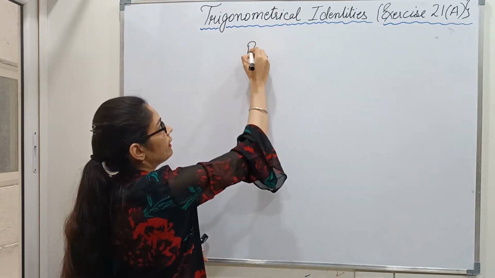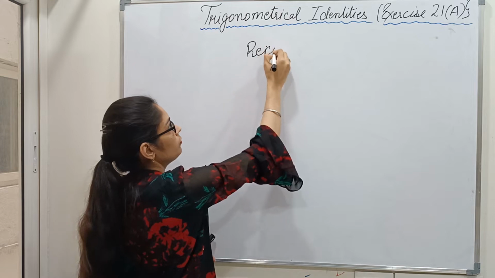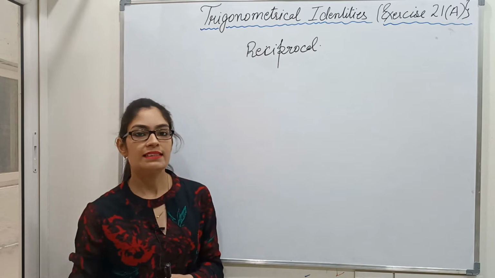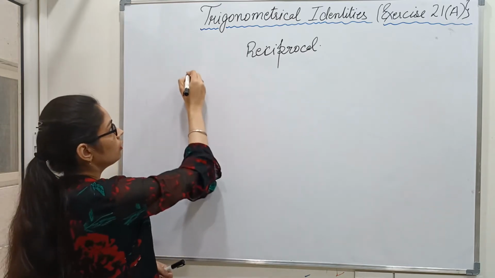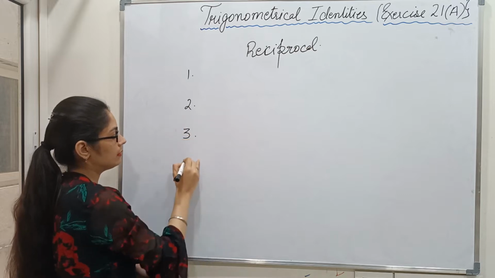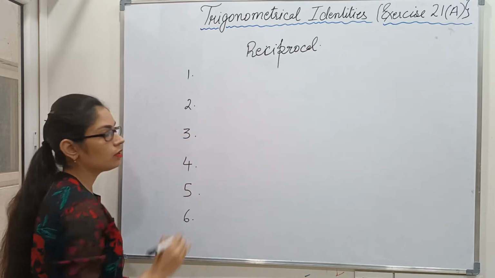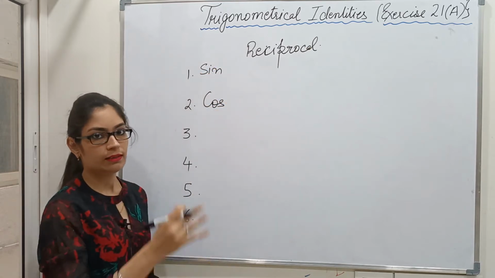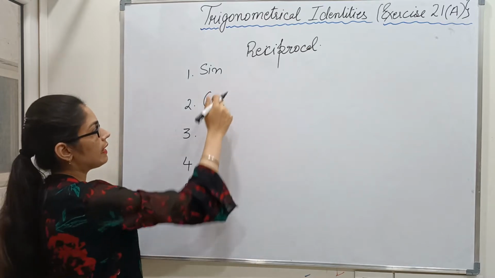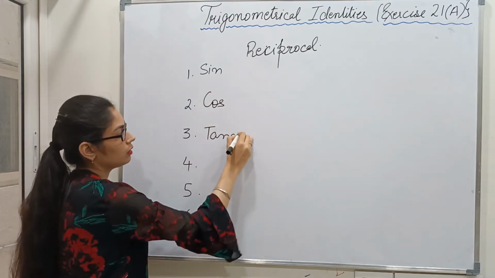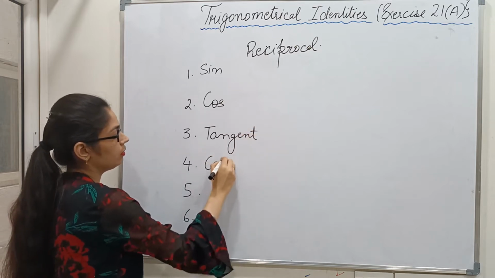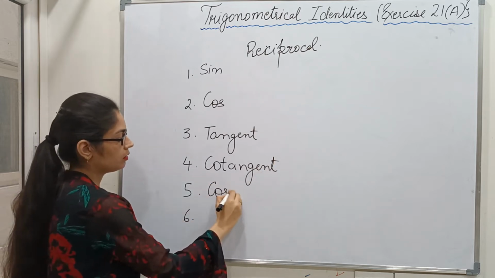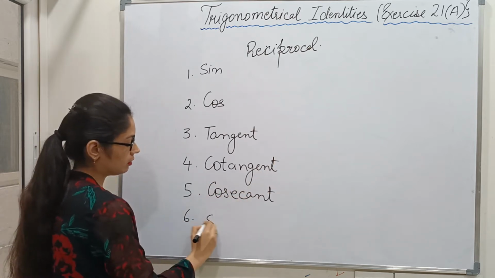So the first one is the reciprocal relations. Reciprocal relations of the 6 trigonometrical ratios. As we all know, we have 6 trigonometrical ratios: sine, cosine, tangent, cotangent, cosecant and secant.